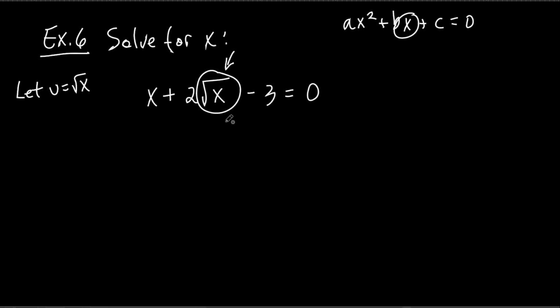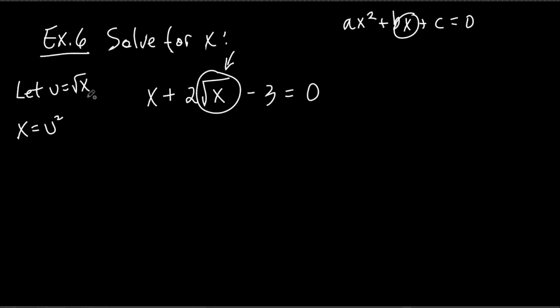That gives me a 2u, so that's good. But I'm a little confused on this. What's this going to be? Well, now watch carefully. If u equals the square root of x, what would x be equal to? U squared. Very good. Why? Because I square this side and I square this side. Okay? Everybody see that?